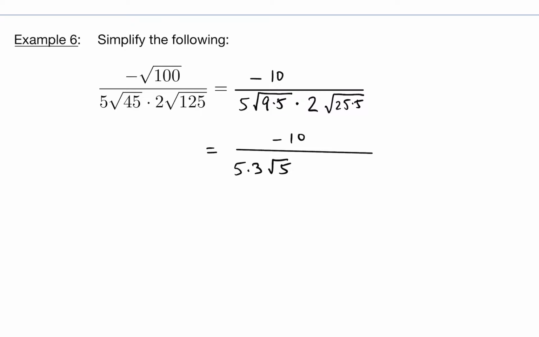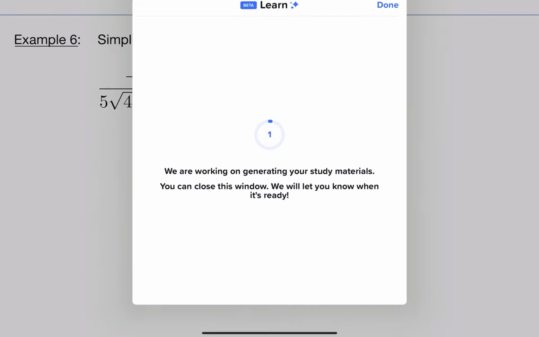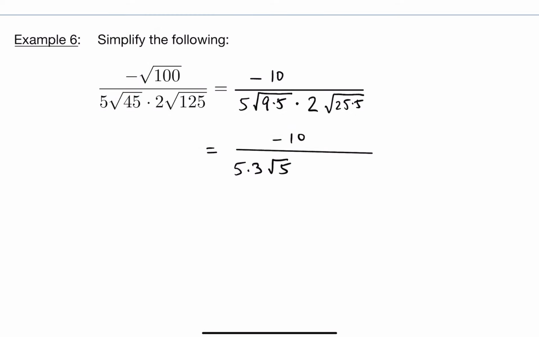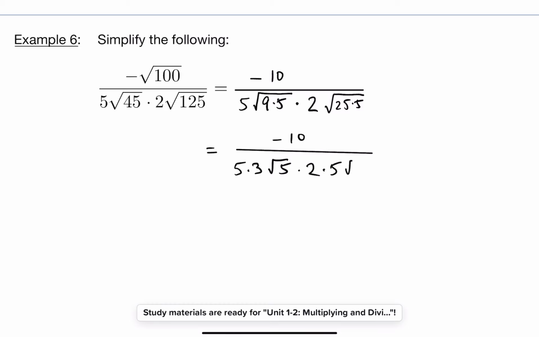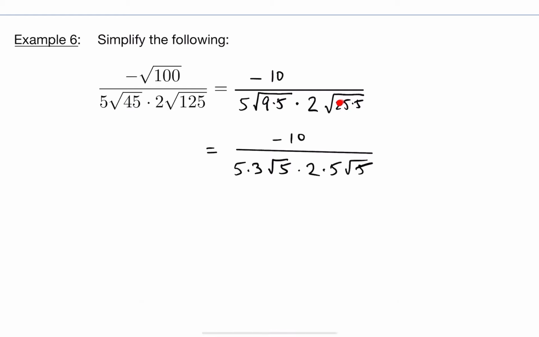Again, this is a perfect square, so it comes out as 3. Let's continue. This is going to be times 2 times 5 square root of 5. You'll notice that we took the square root of 25 to be 5, so that came out over here.